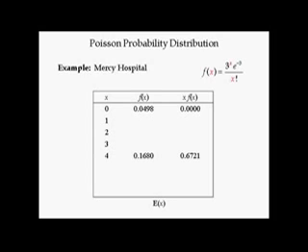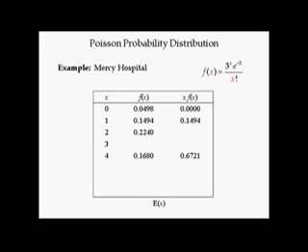Multiplying this probability by x, evaluating the Poisson probability distribution function at x equal 1, yields f of 1 equal to 0.1494. Multiplying this probability by x equal 1 yields 0.1494.